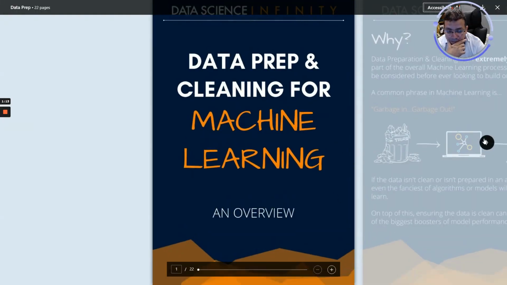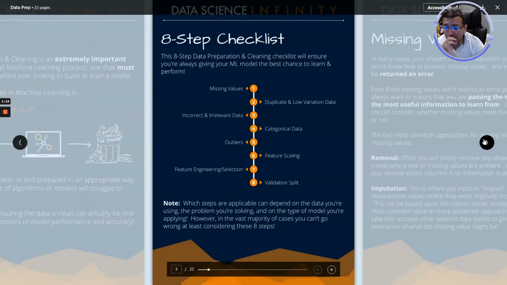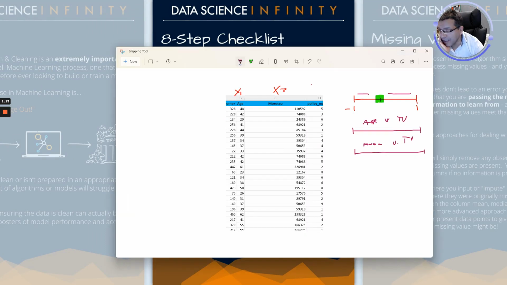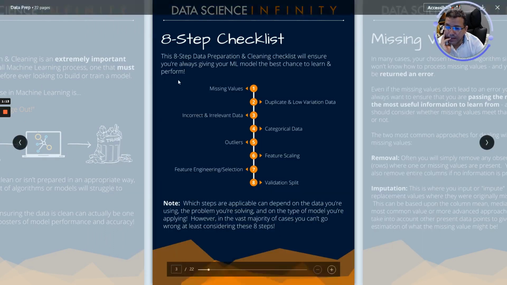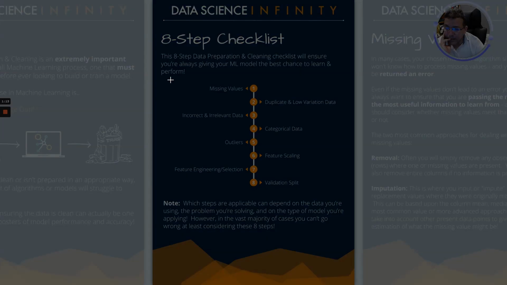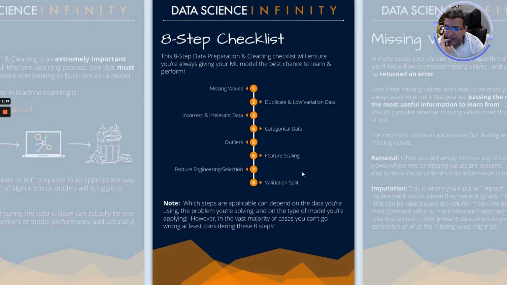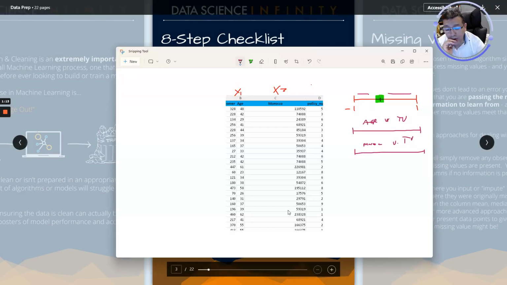And this would create some serious problems if they are not covered properly. So number one, we need to look for missing values. We need to look for duplicates and low variation data.